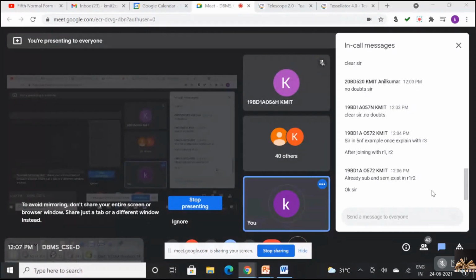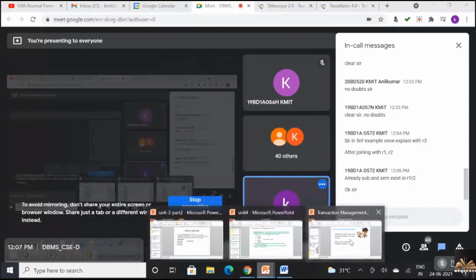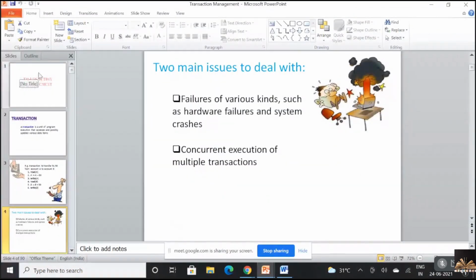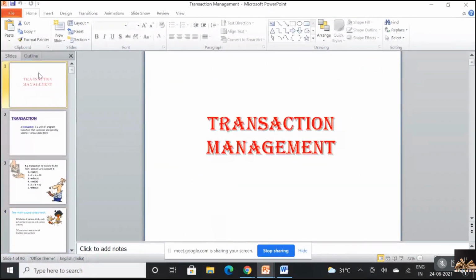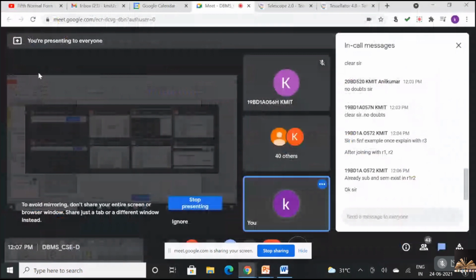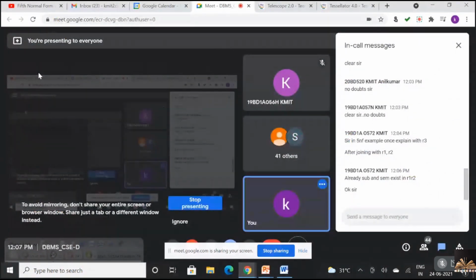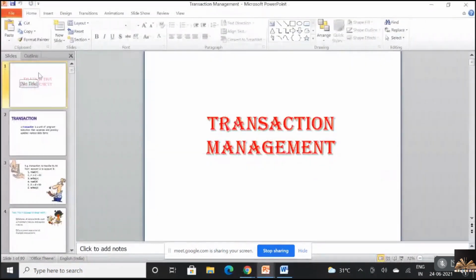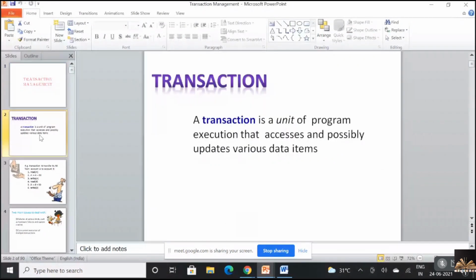Okay, ma? Fine. Now going with the concept of transaction management, ma, I'll just cover the basics. Transaction management. So what do you mean by a transaction first? I've already covered this in the previous class.